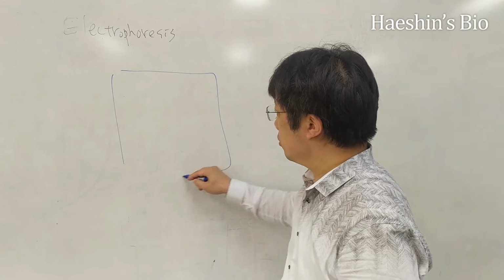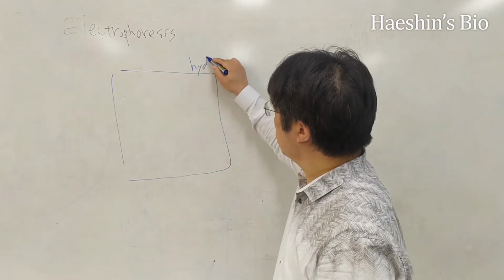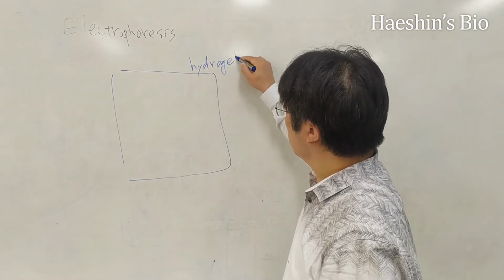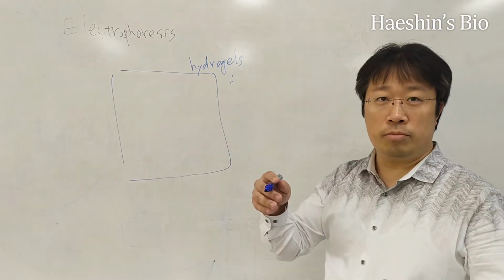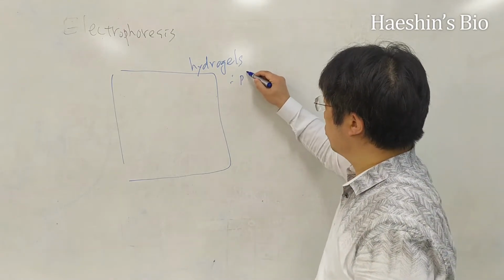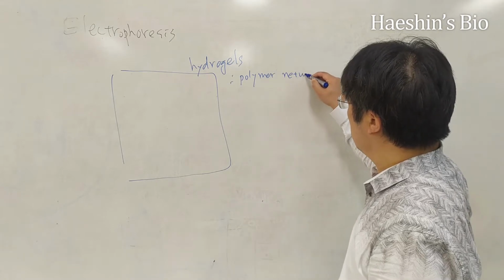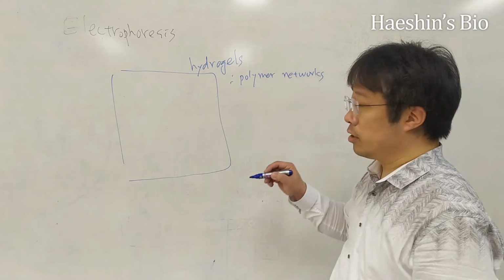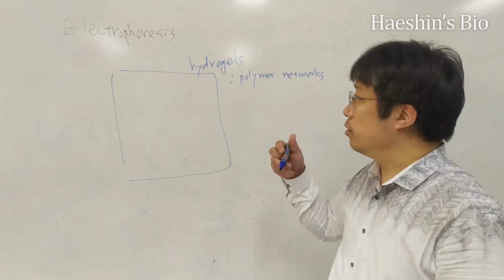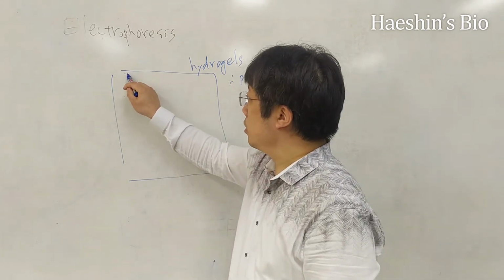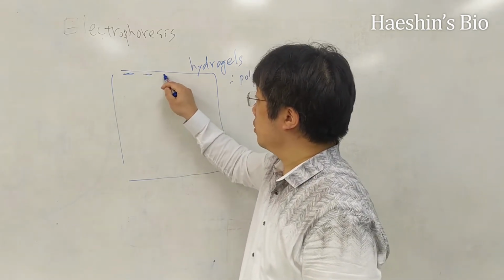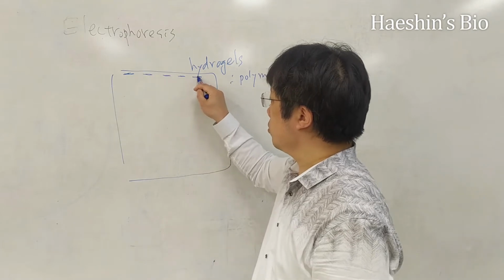Here we have a hydrogel, which means a polymer network. And then you load the proteins at this position on top of the hydrogel.